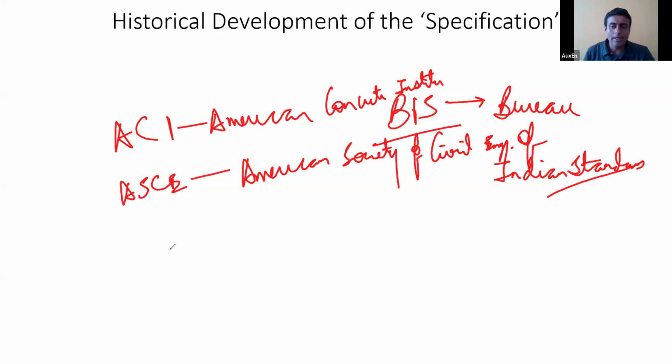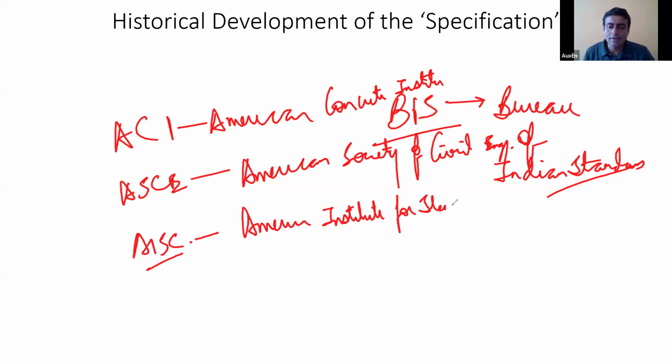Similarly, you have the AISC. What is the full form of AISC? It is the American Institute of Steel Construction. Is that clear? Am I writing it correctly?